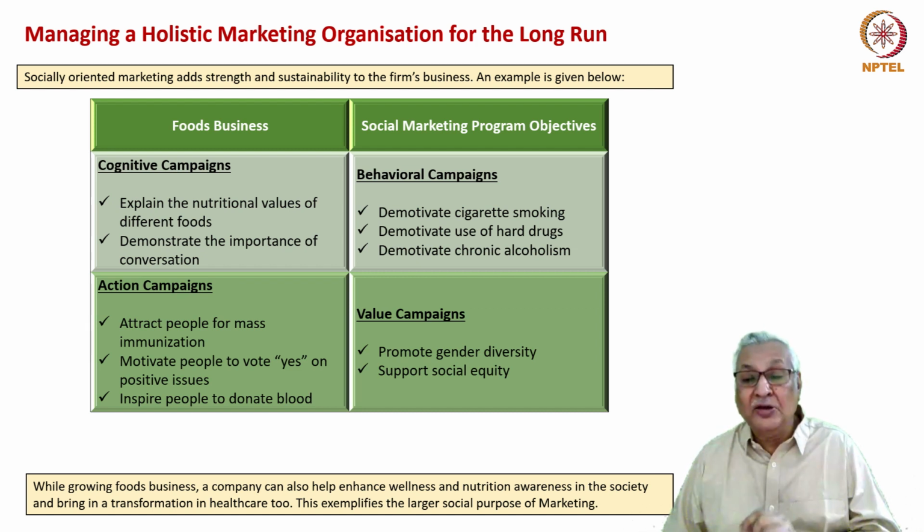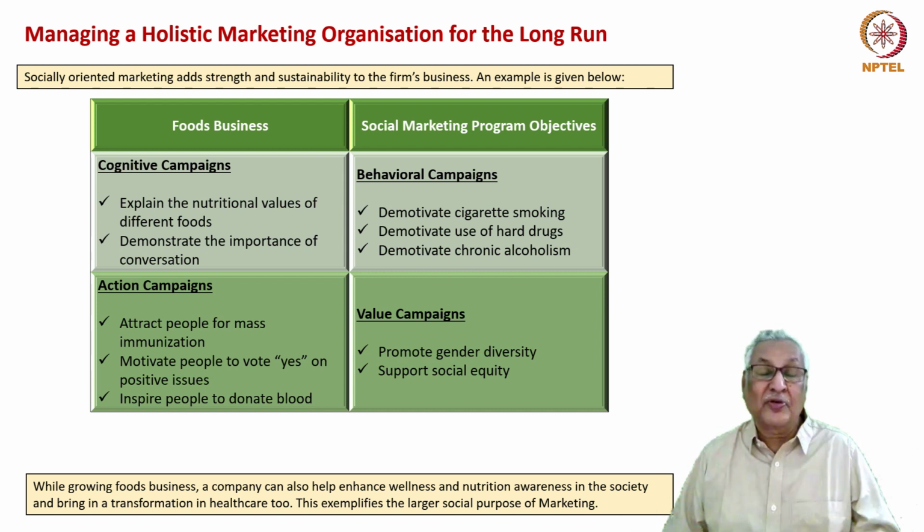Then you can lead value campaigns promoting gender diversity, supporting social equity, promoting equity and inclusion, things like that. While growing the foods business, a company can also help enhance wellness and nutrition awareness in the society and bring in a transformation in the healthcare system too. This exemplifies the larger social purpose of marketing.